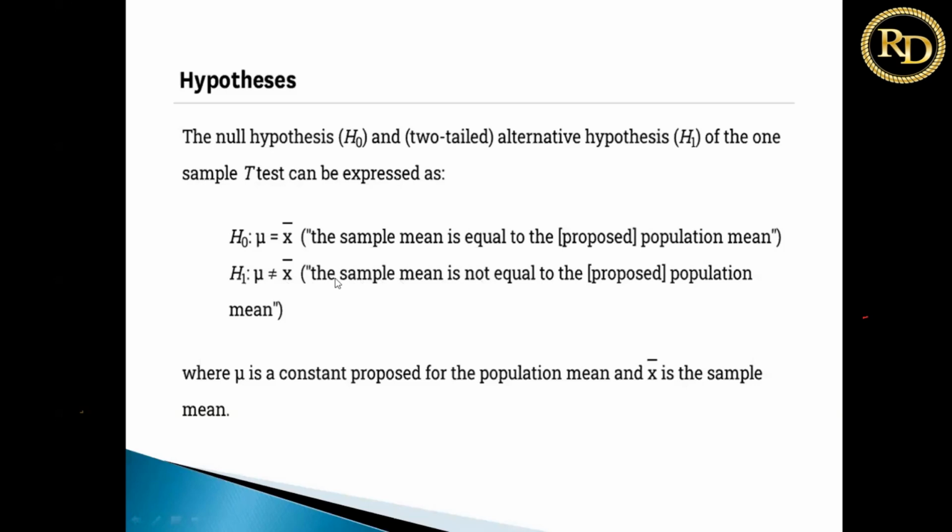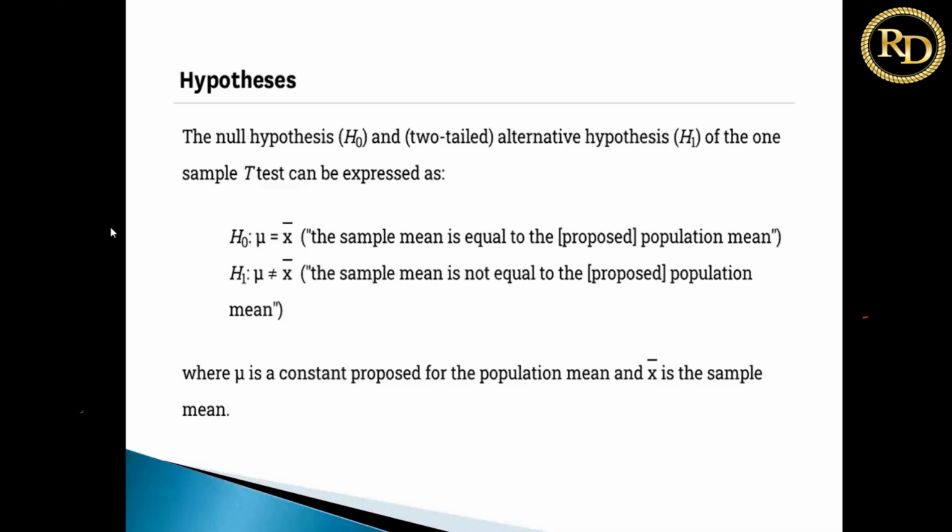So those are the one-tailed hypotheses, and if we consider that mu is not equal to x bar, then it is the two-tailed case. Here we are considering the two-tailed alternative hypothesis H1 of the one sample t-test.